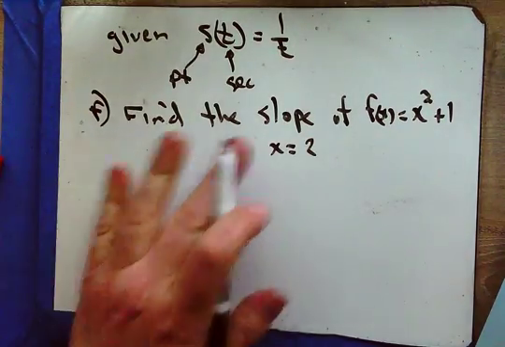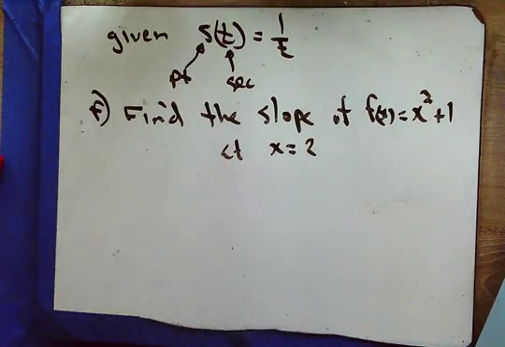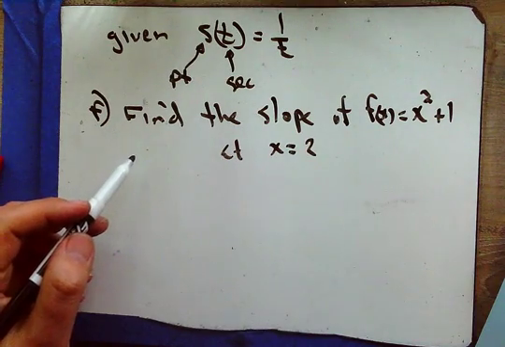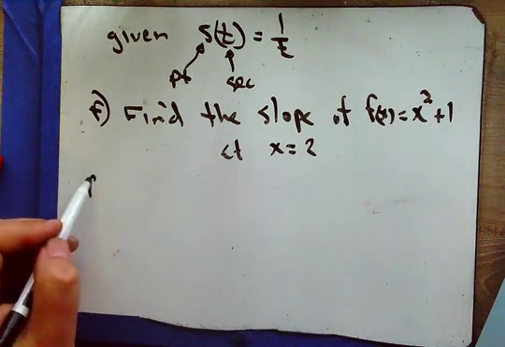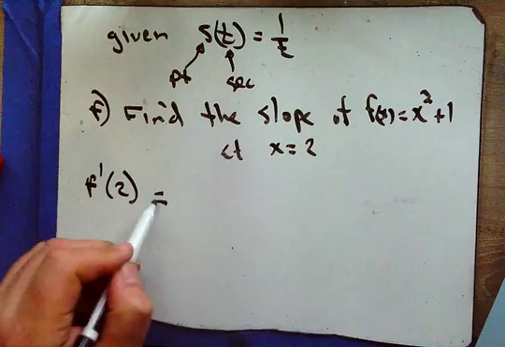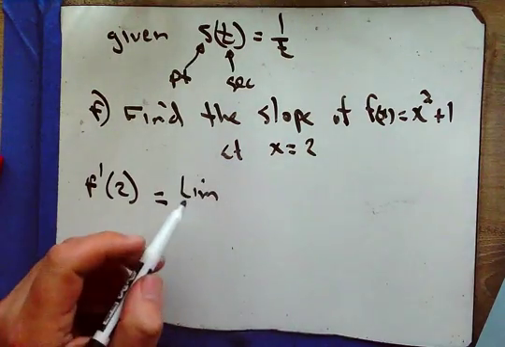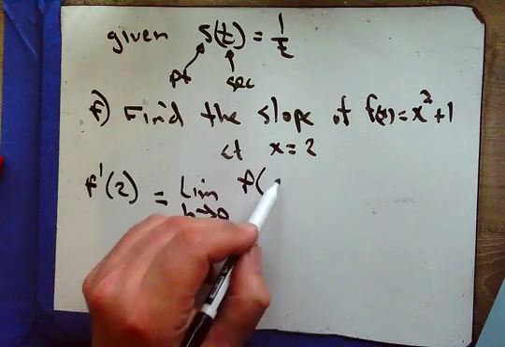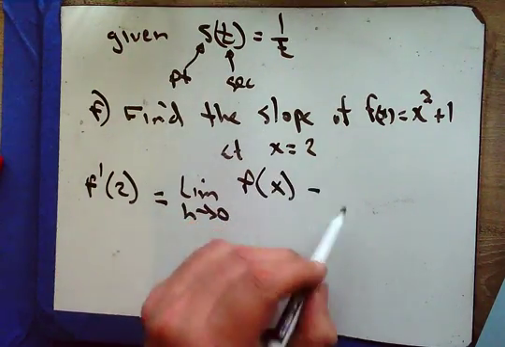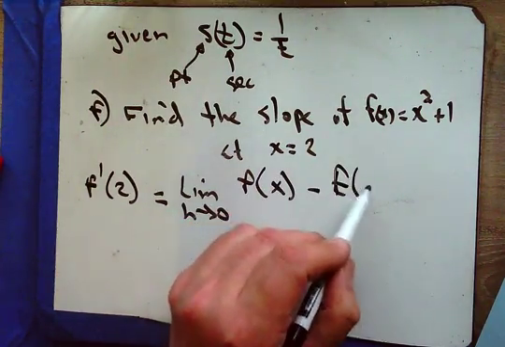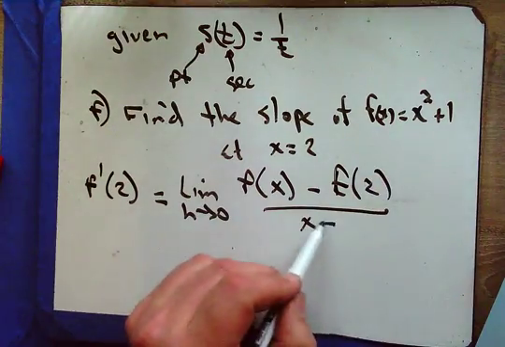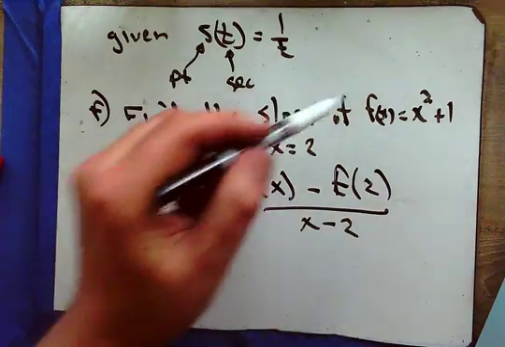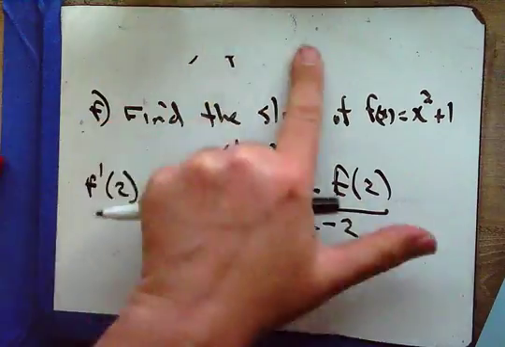Well, I'm looking for slope at a point. Which limit definition of the derivative to use? F prime of 2 equals the limit as h heads to 0 of f of x minus f of 2 over x minus 2. So here's my f of x, and this is a previous problem.